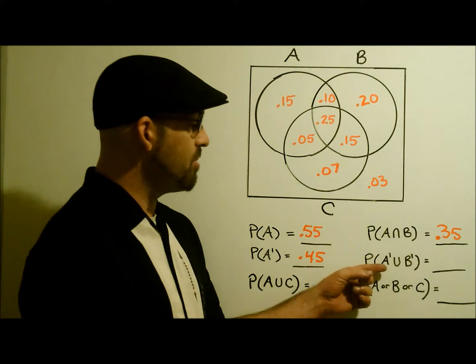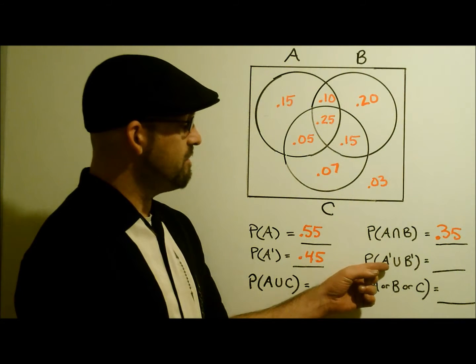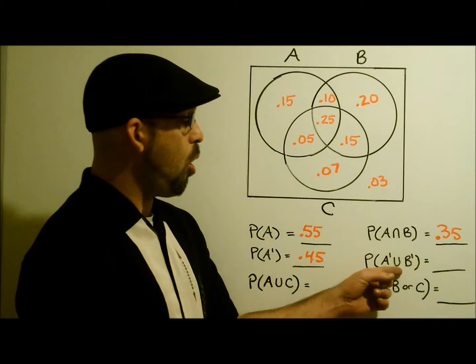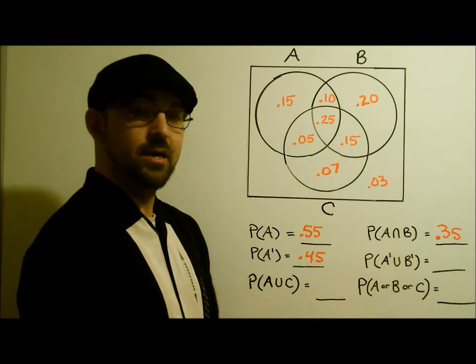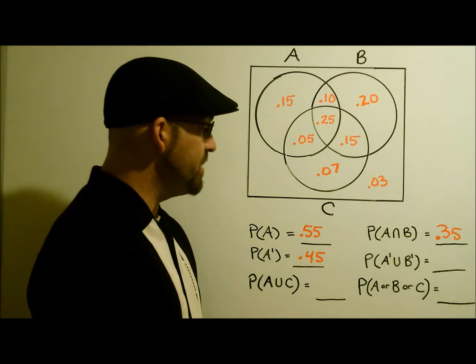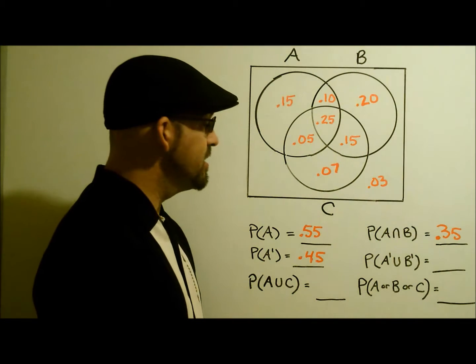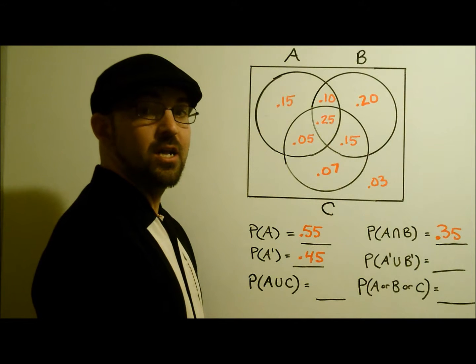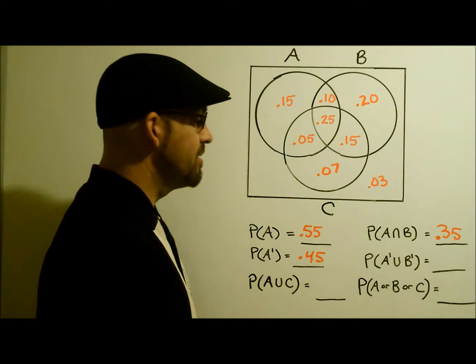So here we have a problem, the probability of not A or not B. What is that? Oh my goodness, there's just way too many primes. But don't fret. De Morgan's law of logic will help us out.